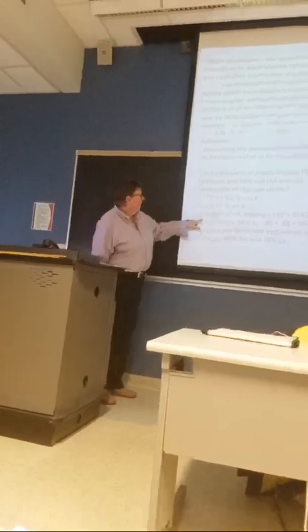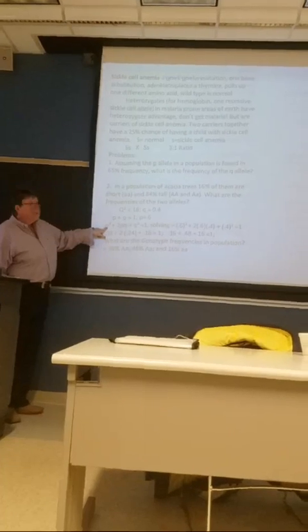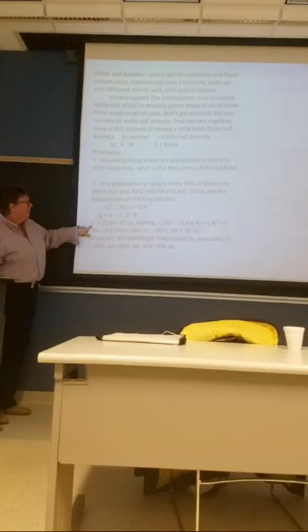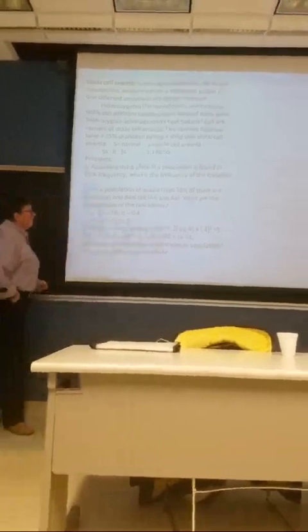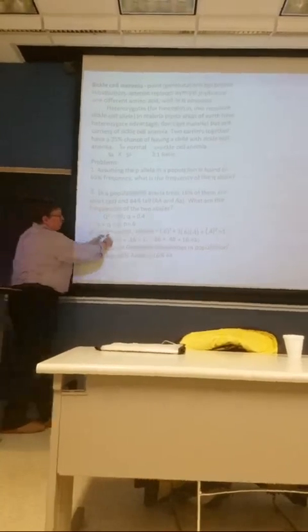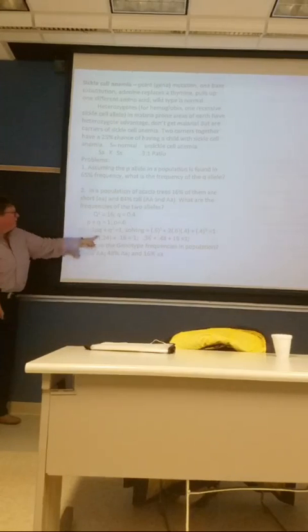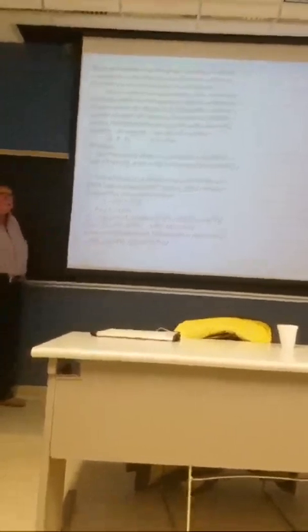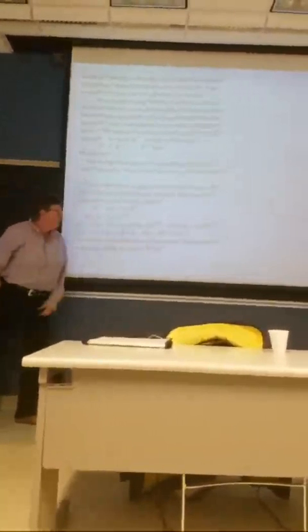Now, if we ask for the genotypic predictions, p squared is 0.6 squared, plus 2 times 0.6 times 0.4, plus q squared, 0.4 squared, equals 1. And then if you work all that out, you end up with this.